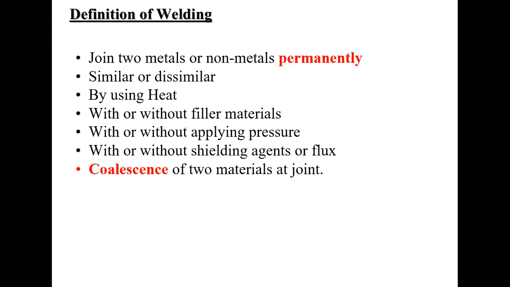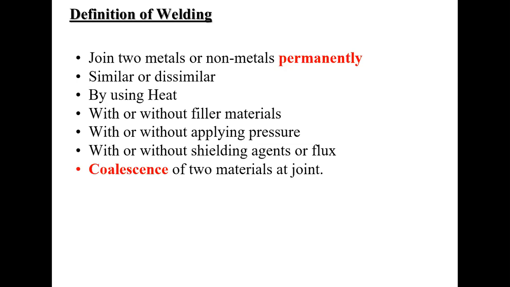Now I'm coming to the main definition, that is the joining of two metals or non-metals permanently, and similar or dissimilar metals can be welded. We have to use heat for the welding, and there are several options like using or not using filler metals, pressure, and flux for the welding process.